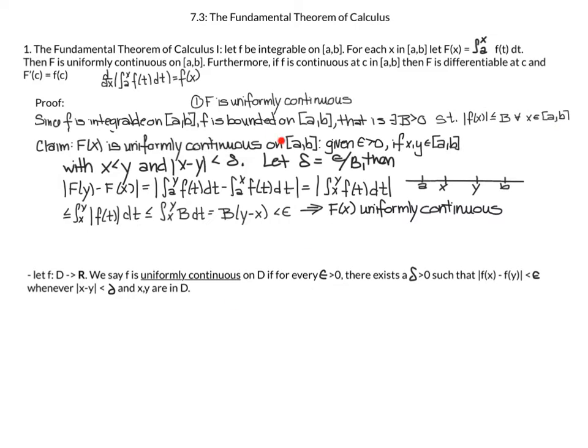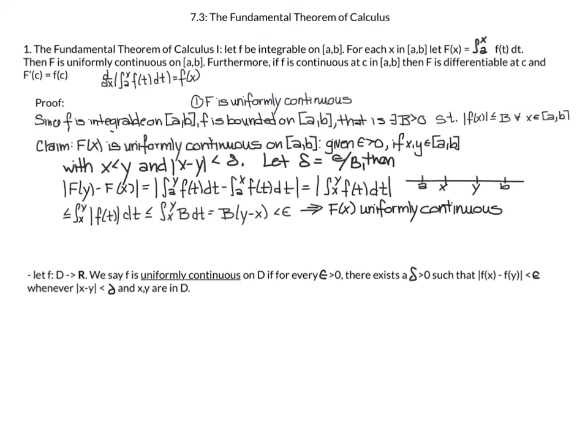Applying this definition to our particular proof, that means if we want to show capital F of x is uniformly continuous, given any epsilon greater than 0, if x and y are in [a, b], and here I've drawn what's going on, x and y are both points in [a, b] with x less than y, and the distance between x and y is less than delta, I can come up with a delta equal to epsilon over B. Epsilon is the one that's given, and B is our bound on f of x.